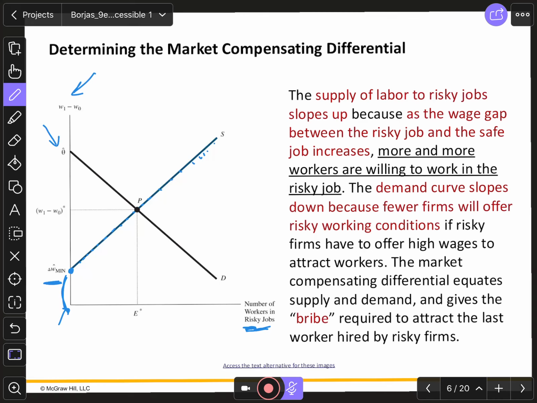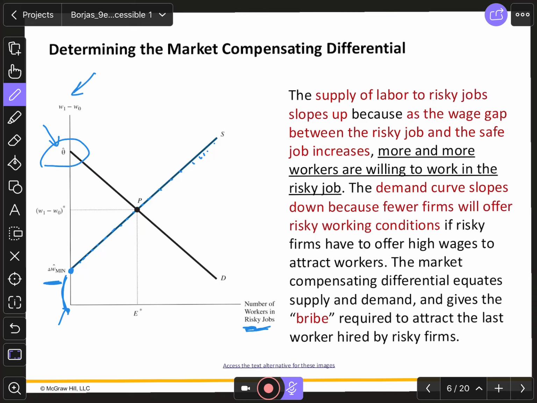So the theta here is basically the difference in the value of the marginal products of the risky versus the safe job. The difference between these two is denoted as theta. I also want you to check your textbook for more details about theta.